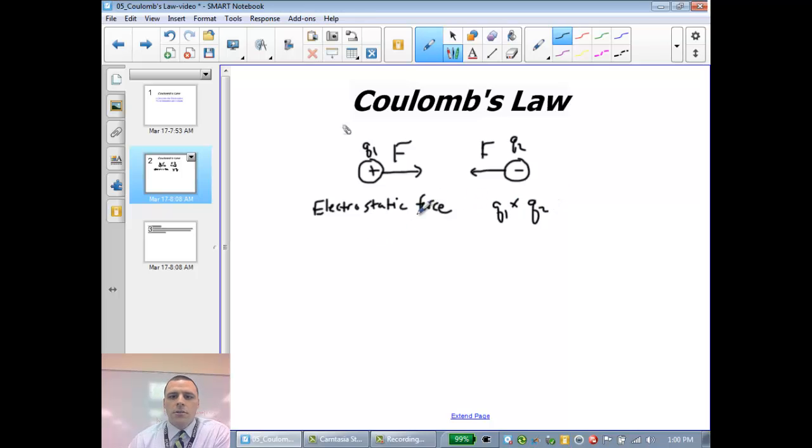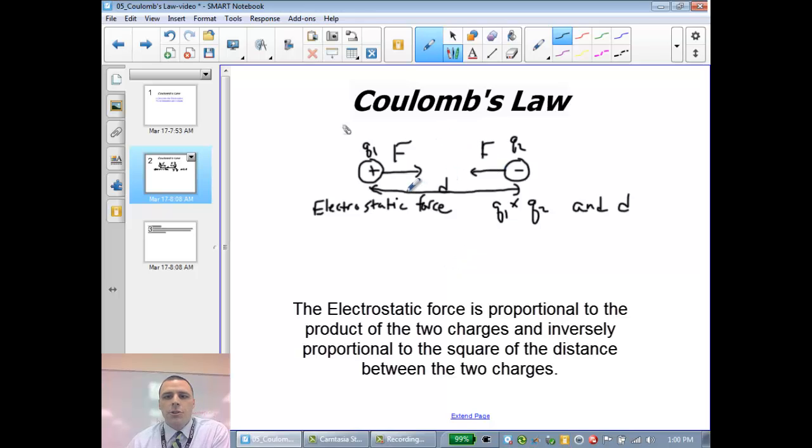And it also depends upon the distance between the two objects. It's proportional to the product of the two charges and inversely proportional to the distance squared.